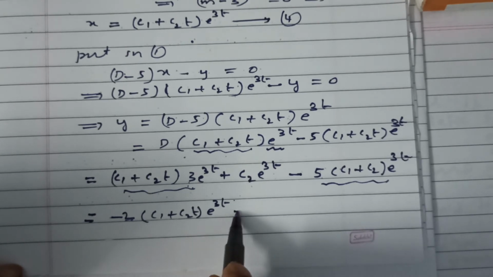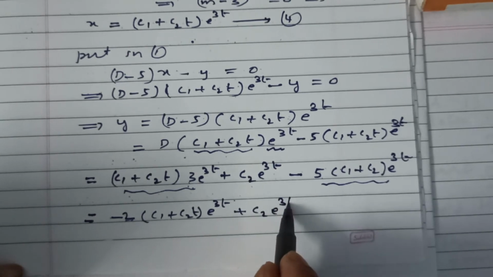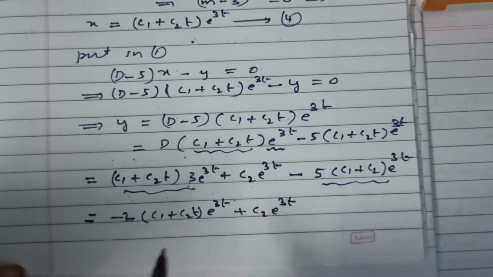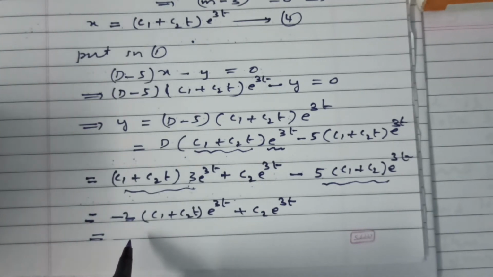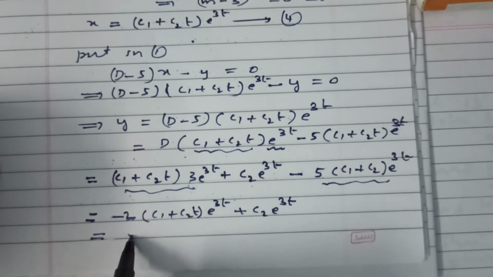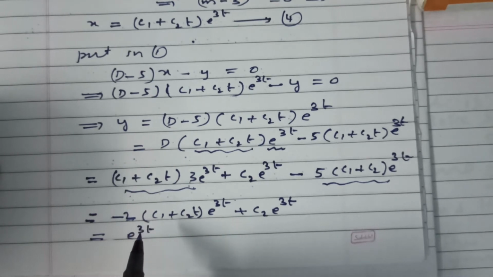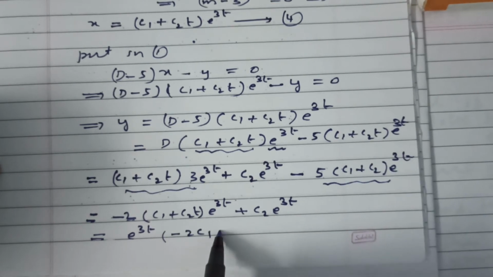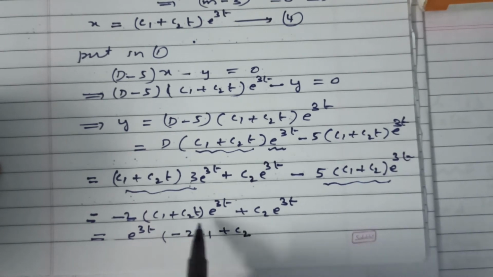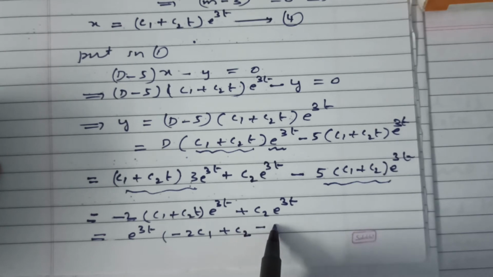plus c2 e power 3t is equal to, suppose e power 3t is common, e power 3t into this is minus 2c1 plus c2 and this is minus 2c2t.